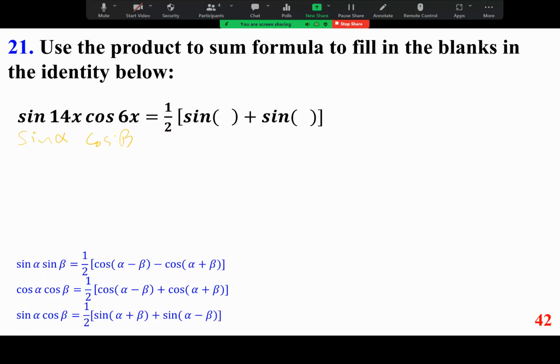So for one of them, we put alpha plus beta, 14x and 6x. For the other one, we want alpha minus beta, 14x minus 6x. And it depends how they want it. Okay, sometimes they might say the first one put the smaller one, or might say the first one put the bigger one. But this is the formula that you're using, and you want to answer it accordingly.